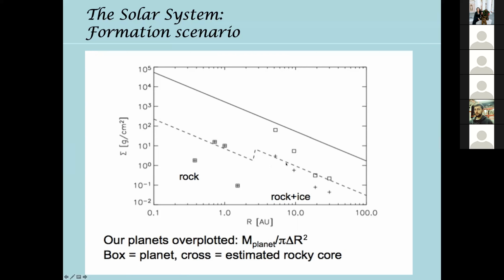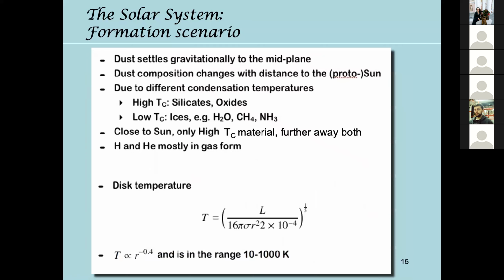And for the giant planet, on the other hand, the rocky core is significantly smaller in surface density than the total mass, because in fact they have a very big gaseous atmosphere. And we will see this later when I talk about the core accretion scenario.